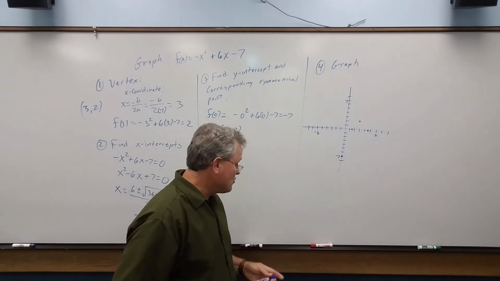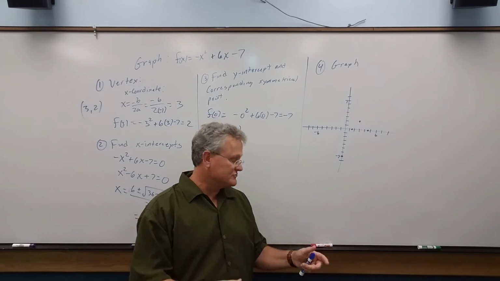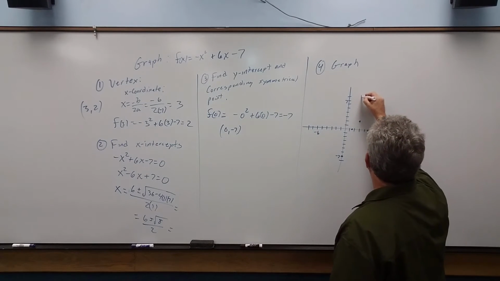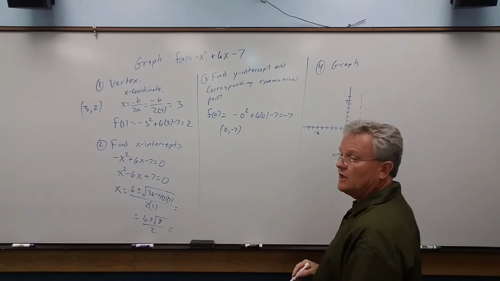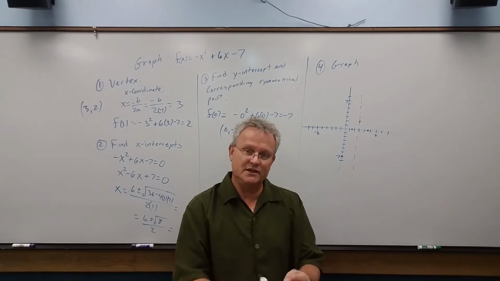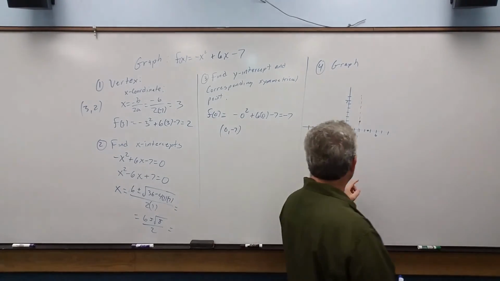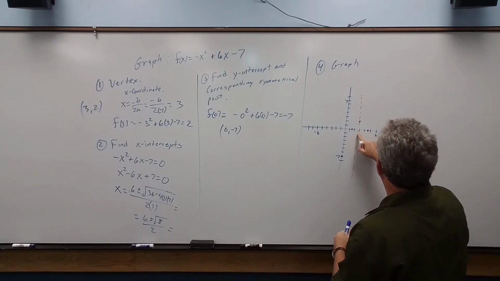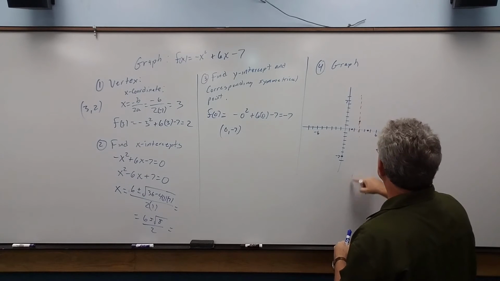Now, to find the corresponding symmetrical point, let's consider the axis of symmetry. We know this is supposed to go right through the vertex.